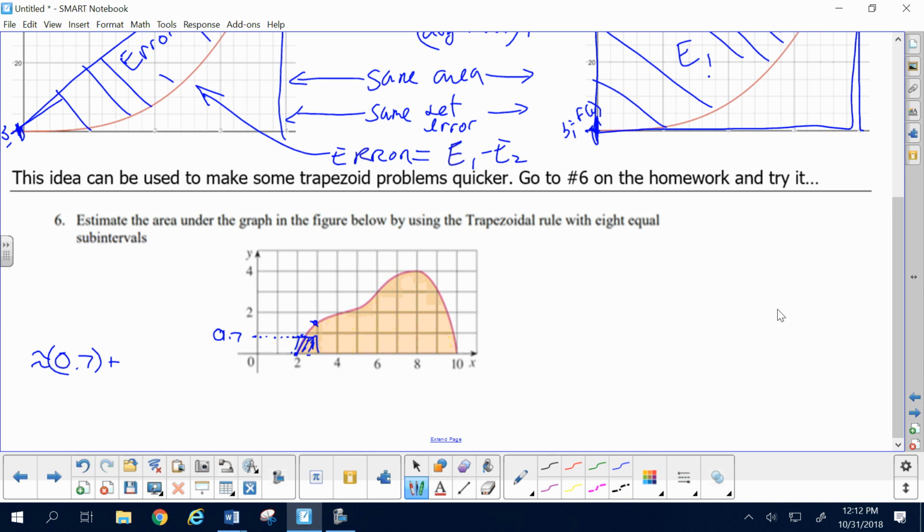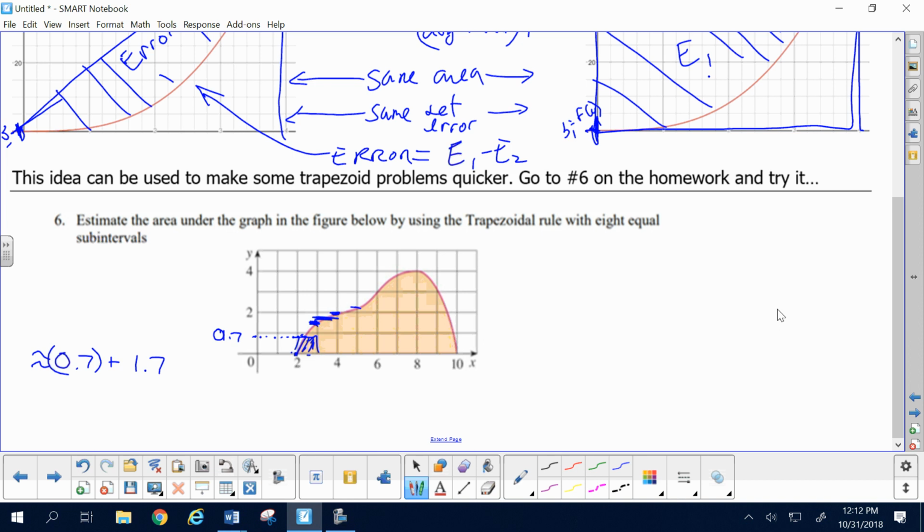Now that rectangle really represents a trapezoid where I average the two up. The next, halfway in between, it feels like halfway between maybe 1.5 and 1.9. What do you want to go with? 1.7, okay? That's halfway in between the next interval. Take a stab at what's halfway between the y values of the next interval.